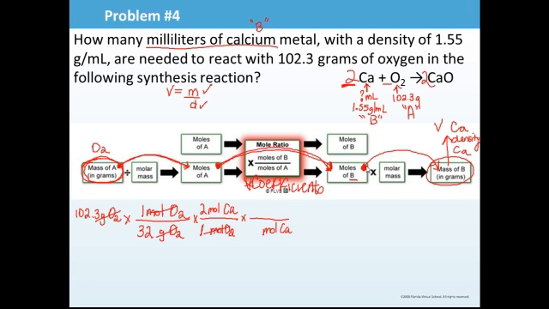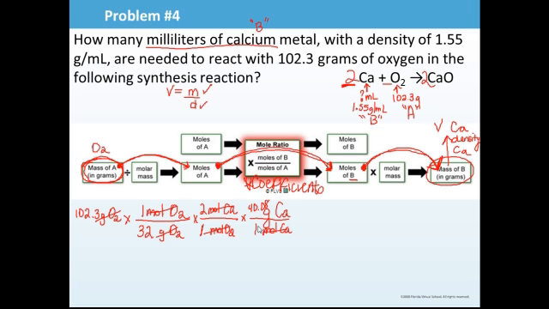Whatever unit you left with up top there, that's the unit on the bottom here. Once we have moles of calcium, we can now convert to mass of calcium by multiplying by the molar mass. We already knew we were going to multiply by molar mass because moles on the bottom already. We know molar mass is always grams of 1 mole. We look at our handy dandy nifty periodic table and we see that the molar mass of calcium is 40.08.